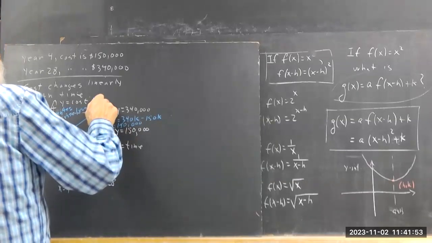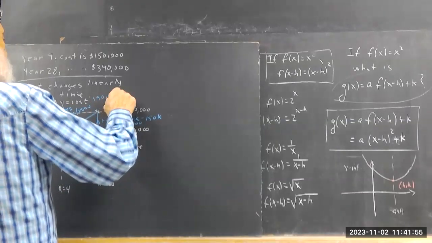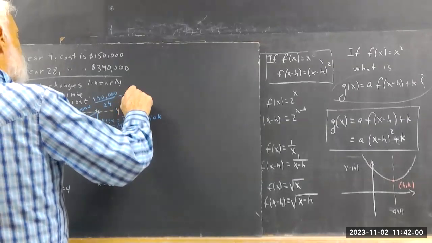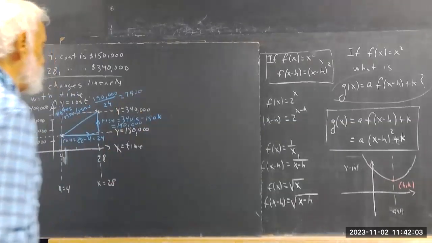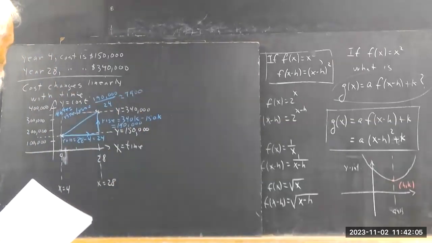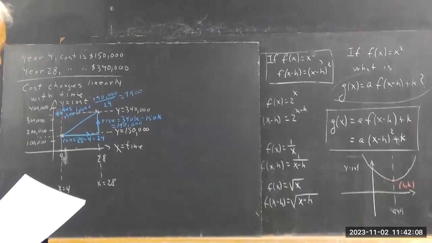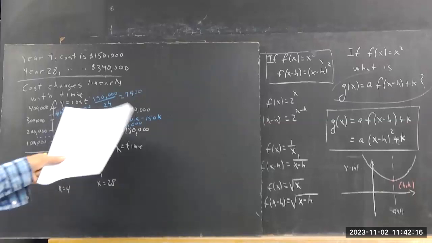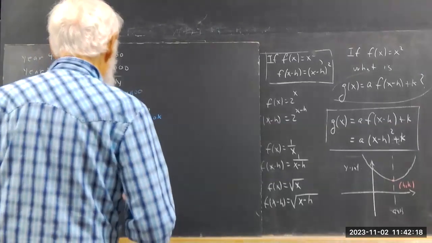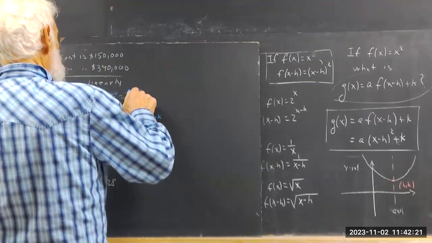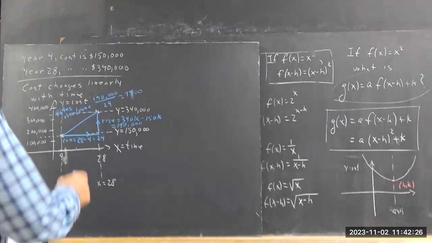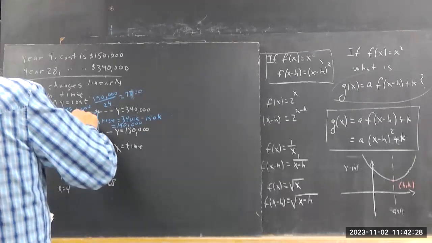But the rise is 190,000 over 24, which approximately equals 7,900. A little high, 4 times 1976. There's only 24. I think 7,900 is a little high. I'm guessing closer to 77 or 7,800, but with your calculator, you get the right number. So the slope is 7,700.